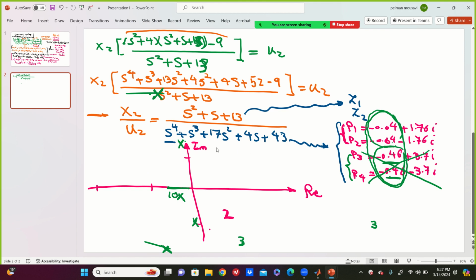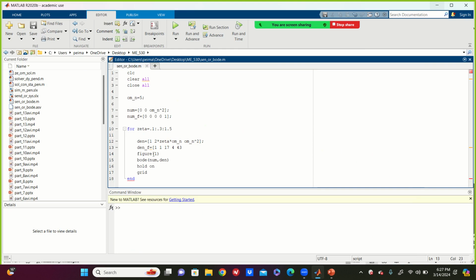Remember I told you? So your s-squared term is gonna be plus 1, gonna be 18, 5 plus 13, gonna be 56. There we go.